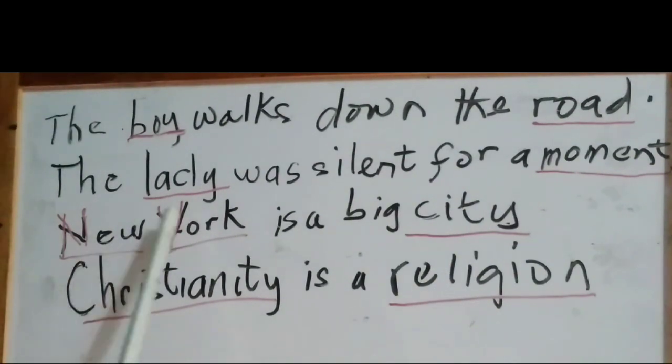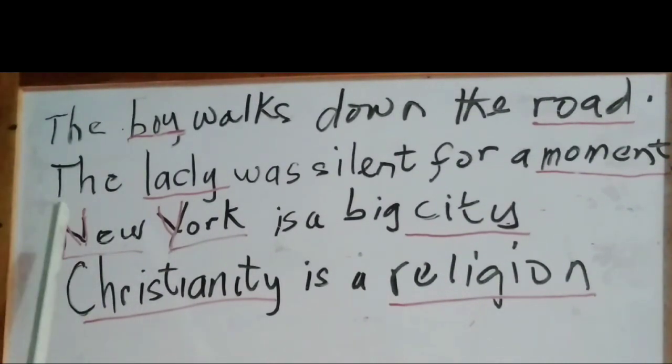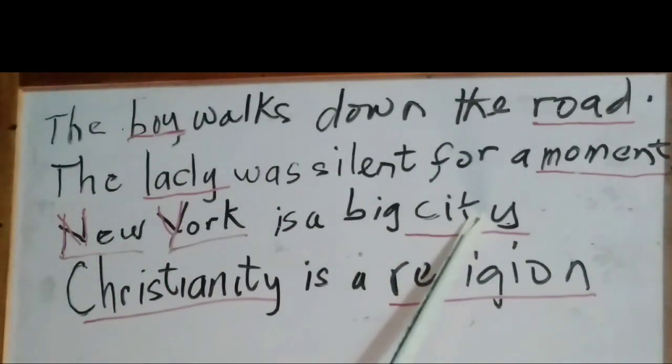Now, New York is a specific name given to a particular city. So remember we said any special name that is given to a person, place, animal, or thing is called a proper noun. So New York is a proper noun. The word city is a common noun.